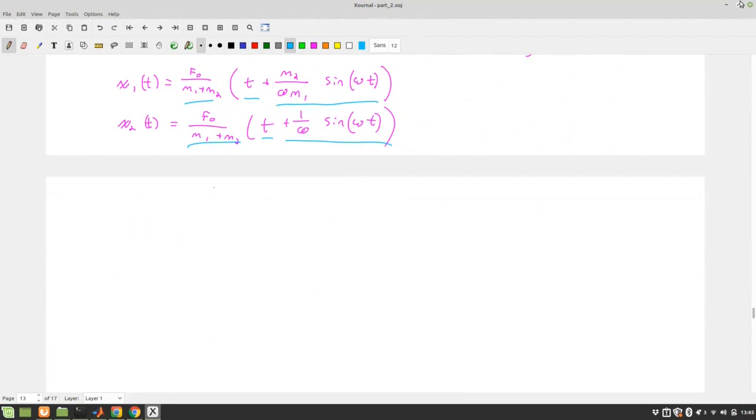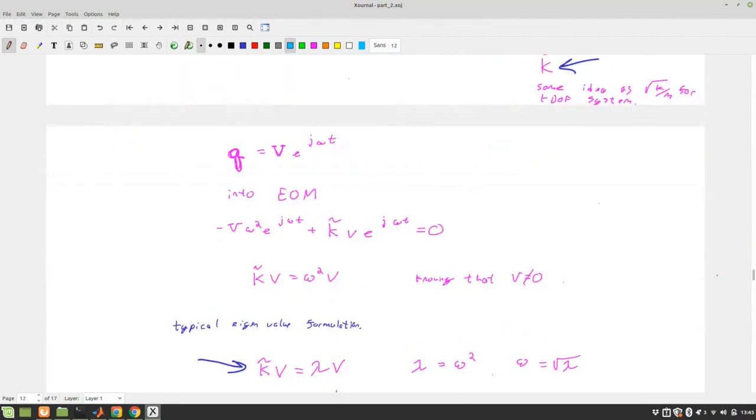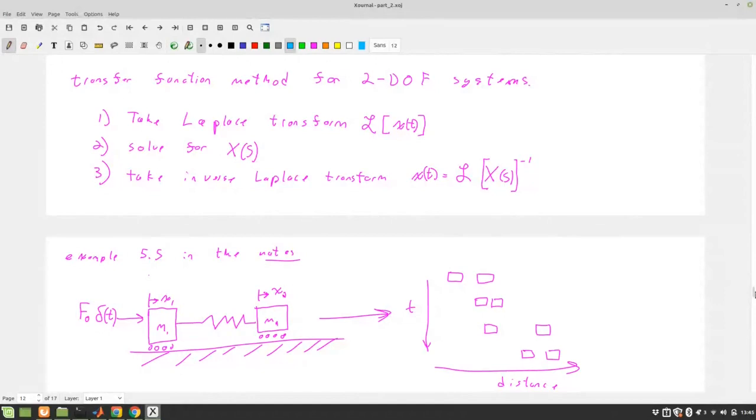So in the notes I gave you some values, nothing super exciting.